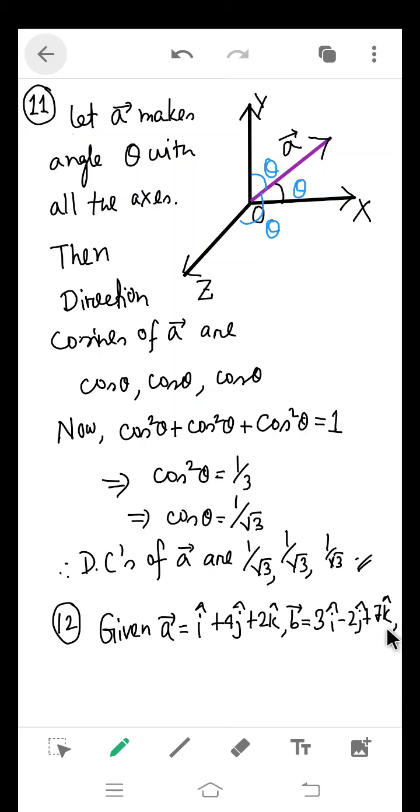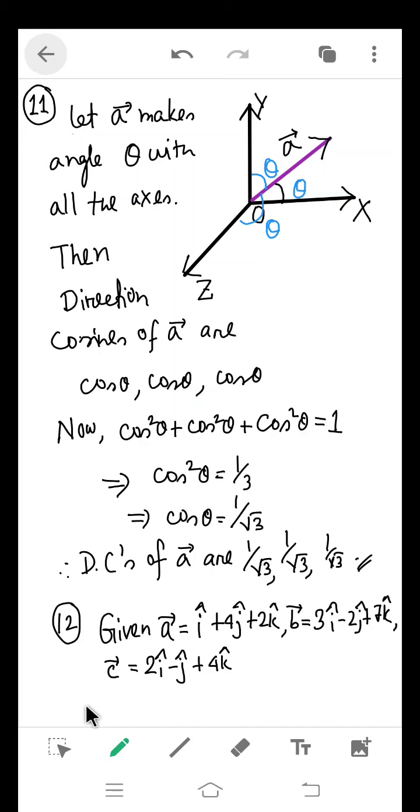And the third vector, vector C, is given as 2i minus j plus 4k. And some conditions are given.